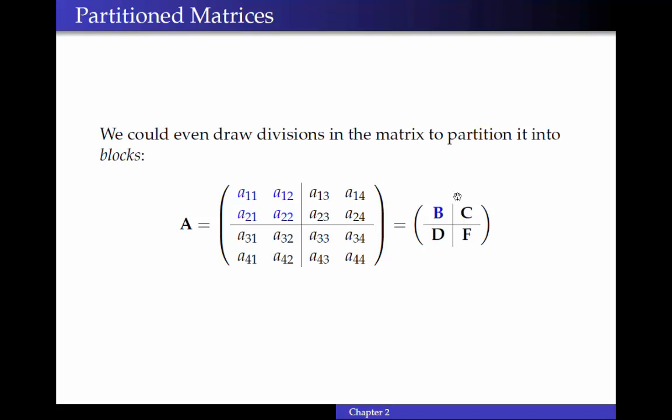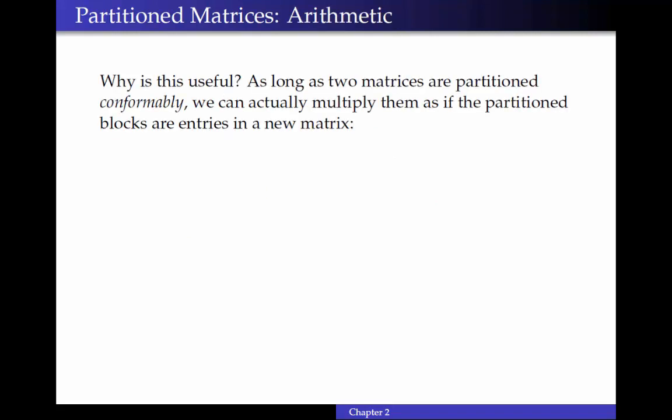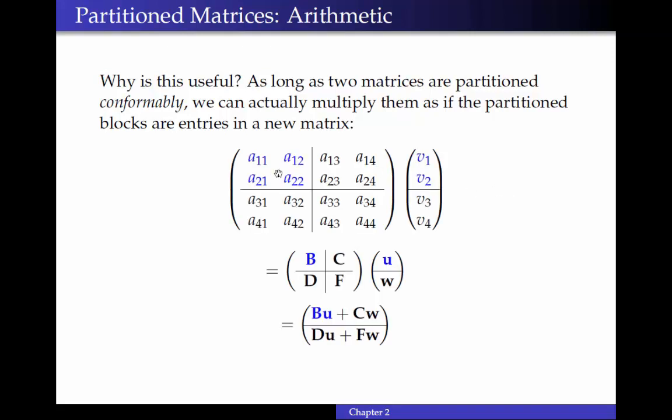This block notation gets pretty nice because one of the things we can do is multiply block partitioned matrices as if those blocks are entries in a new matrix. Here I have that same matrix from the previous slide and a vector now, which is also partitioned after two entries. These will be partitioned conformably, meaning that we can actually multiply the individual elements.